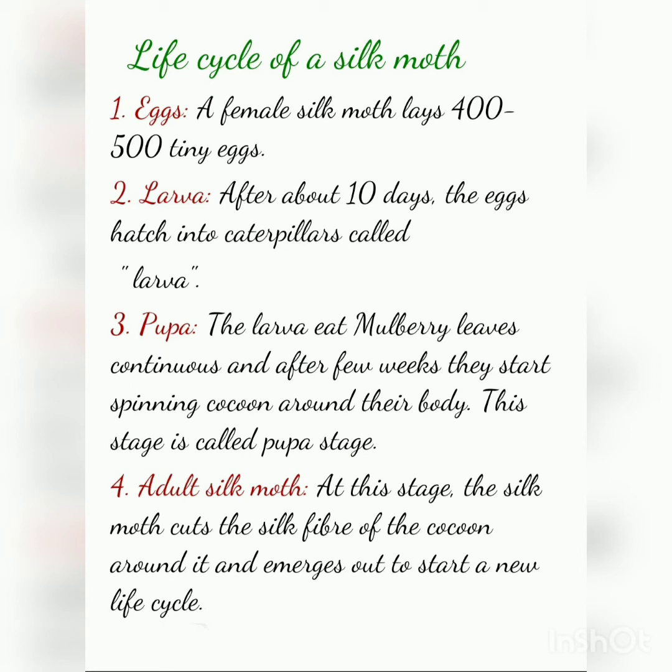So go through the last video very carefully to understand all the stages in the life cycle of a silk moth. Describe all the 4 stages in brief as shown on the screen, or you can frame your own language.